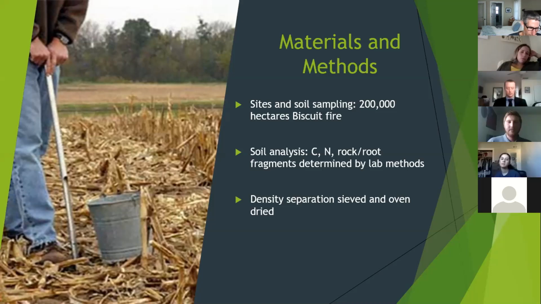An additional 2 plots were sampled for high severity burn sites and unburned sites. 2 to 20 soil cores were taken from each site at depths of 0 to 5 centimeters, and then again at 5 to 15 centimeters using an auger.